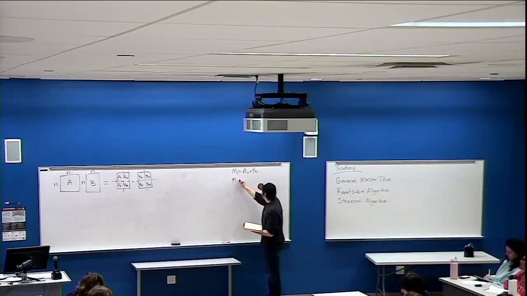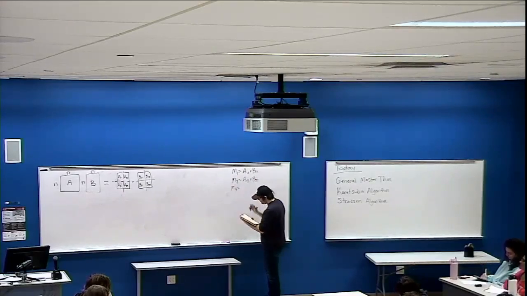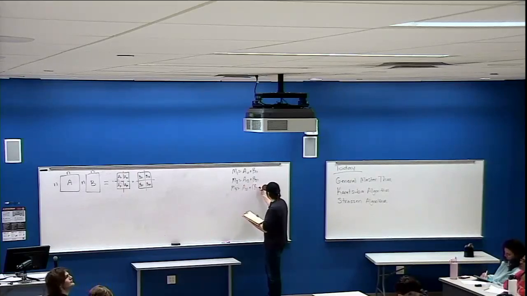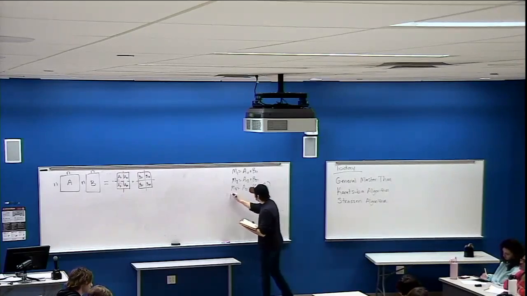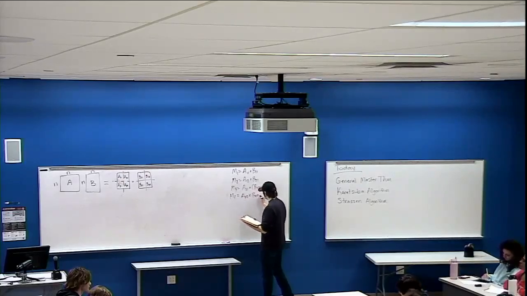M2 is equal to A12 times B21. M3 is equal to A11 times B12 minus B22. M4 is equal to A22 times B21 minus B11.